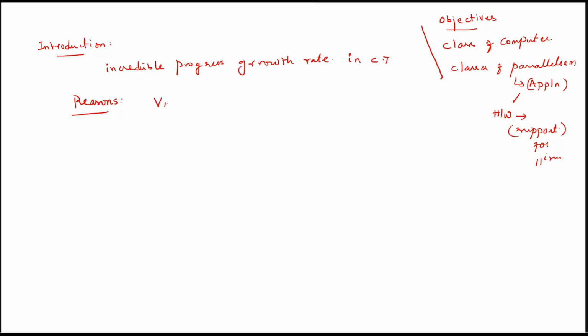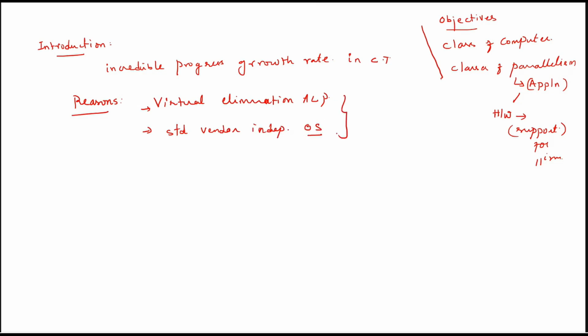One is the virtual elimination of assembly language programming. The other one is the operating systems, so we have standard vendor independent operating systems. These are the two major reasons that may lead to the growth rate in computer technologies.